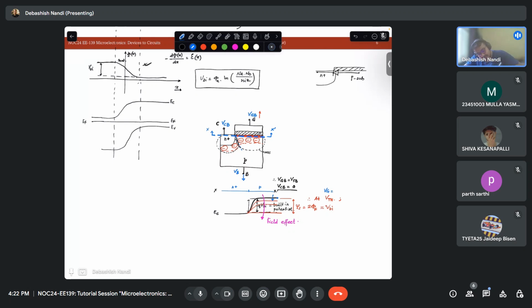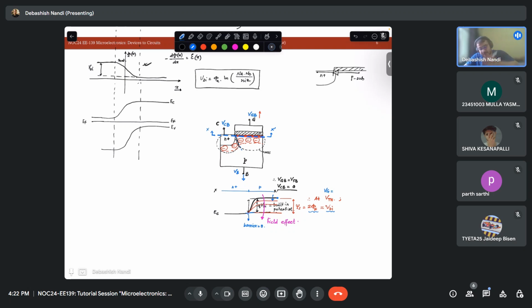That means the substrate surface energy comes down by a value of 2 phi f. That 2 phi f value almost matches your VBI, and that is what eliminates this barrier difference. In this case, the barrier is 0. So that's how a continuum of the electron channel and the n-type contact takes place in the first place.